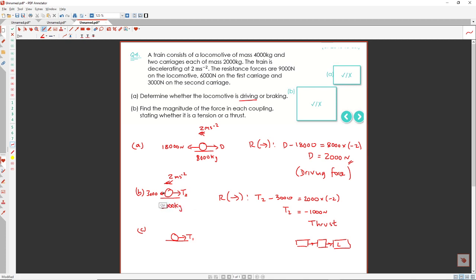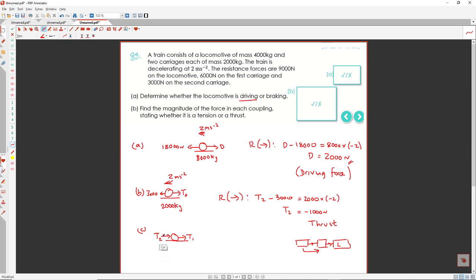This T2 force is acting backwards there. Because we've got an equal and opposite force, this carriage here is pushing this carriage forwards. I won't draw it here because this would be an incorrect force diagram, but T2 is really pushing that one forwards, and that's what we found out in part B.